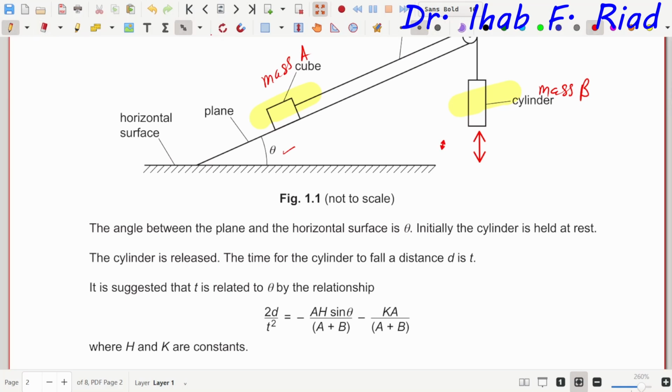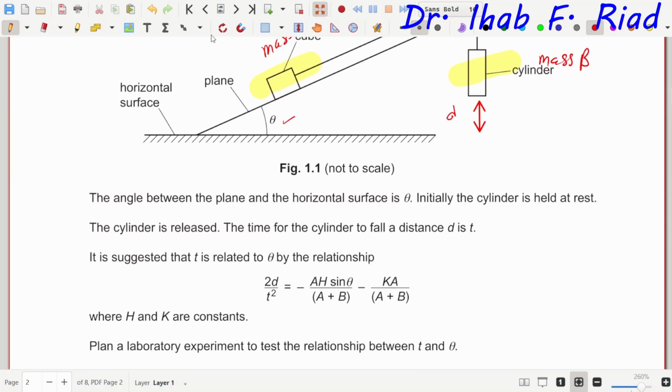This is the distance D, and we are measuring the time it takes the cylinder or the system to fall this distance. So we have D, theta, and T.